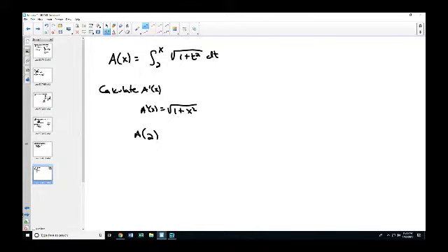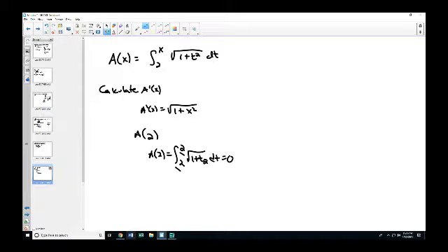Let's say A at 2. A at 2 is 0. You just turn it into 1. If you need to, you can write it out, but you see that these are the same. There's no width in that shape, so we have 0.